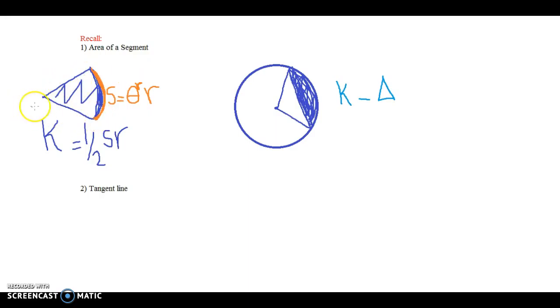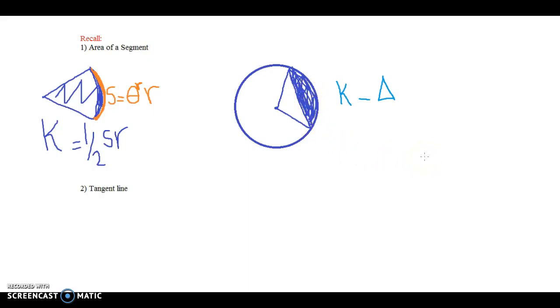And the sector is the pizza slice, and the area of the sector was half of SR, and S, or the arc length, was theta R when theta was in radians. So that's chapter 7. And again, to find the segment, or that piece, we do the entire sector, and we subtract the triangle, and then we have the segment.